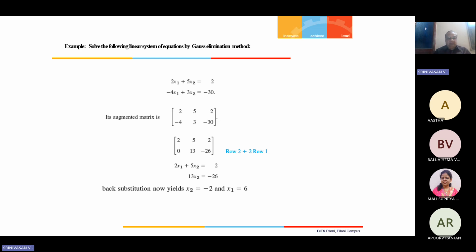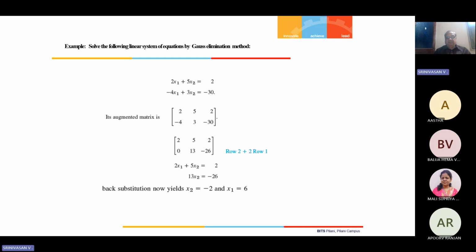In that order means, therefore, the solution is x1 equal to 6 and x2 equal to -2.